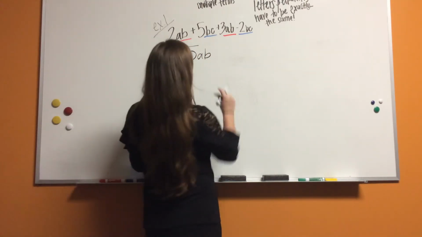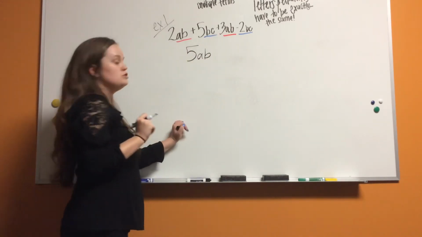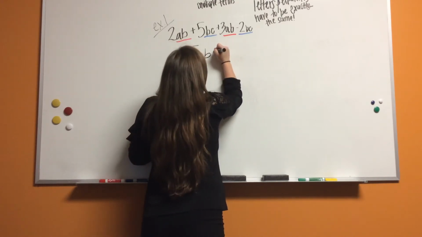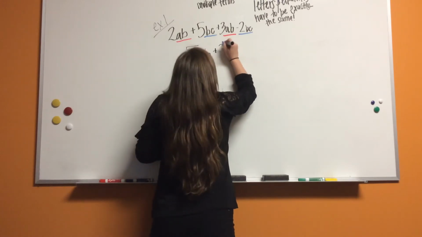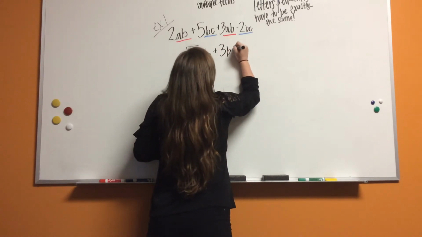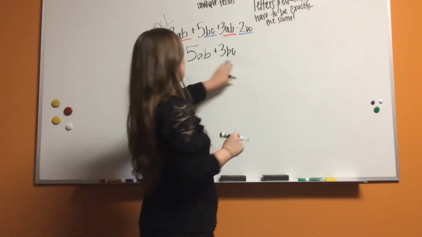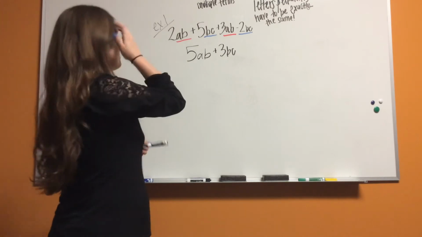Okay, and then it's going to be 5 minus 2, BC. So that's going to be, what's 5 minus 2, everyone? Good. 3BC. And since the variables are different, we can't simplify it anymore. That would be the answer for that one.